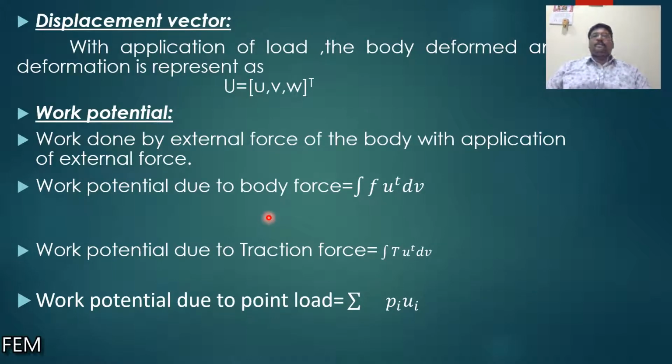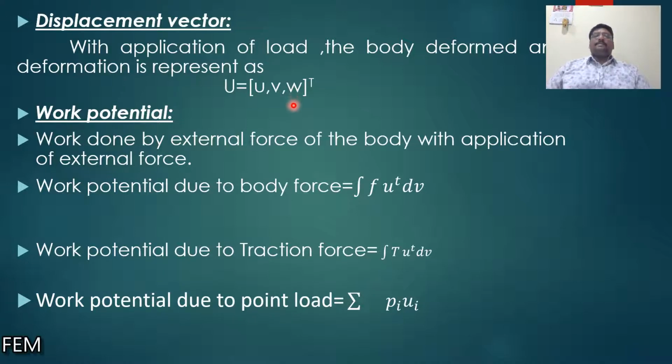Let us presume the displacement vector u equals u, v, w transpose. Here u, v, w represent displacements in the x, y and z directions respectively: u represents displacement in the x direction, v in the y direction, and w in the z direction.